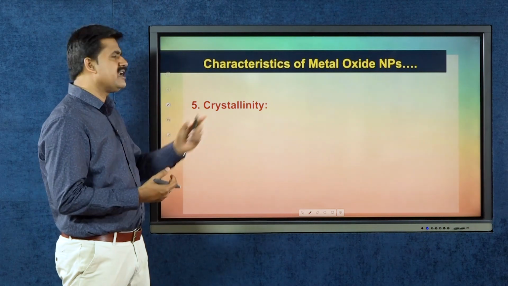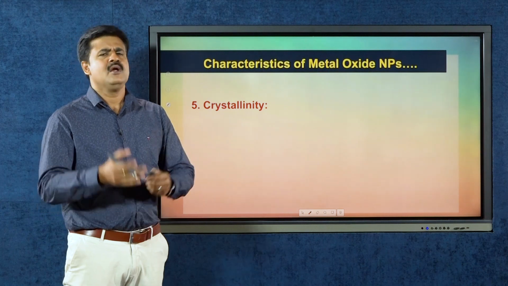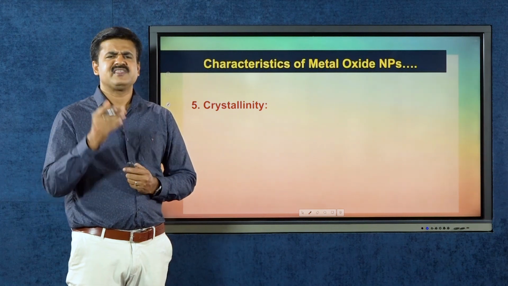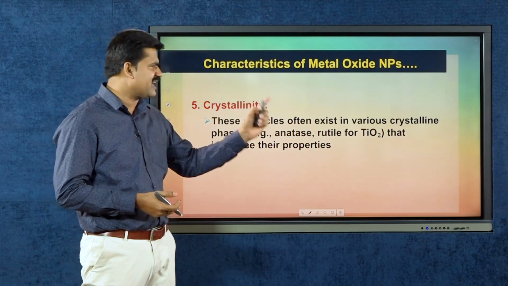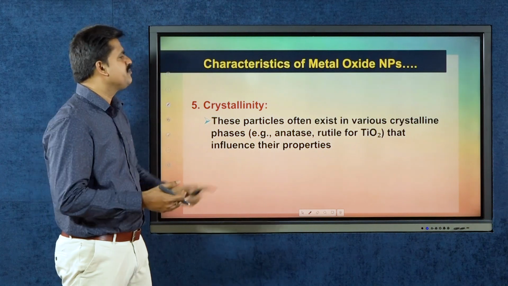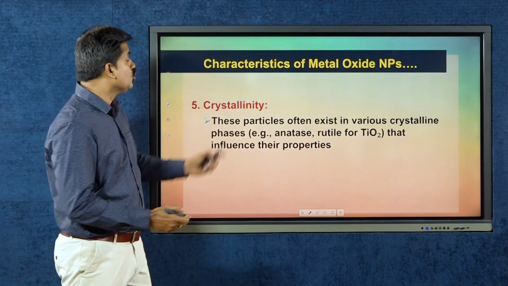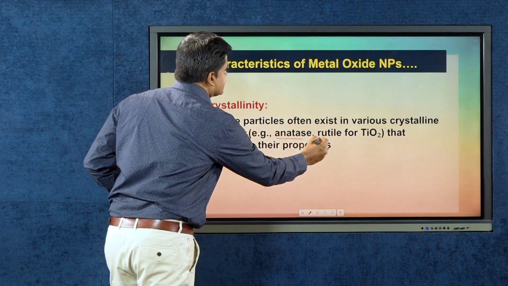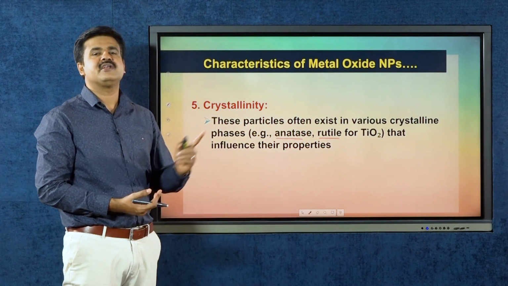And we are now focusing on the crystallinity of metal oxide nanoparticles. The metal oxide nanoparticles exhibit strong crystalline nature. These particles often exist in various crystalline phases also. See, for instance, titanium dioxide nanocrystal or titania nanoparticle can exist in different crystalline phases. The two popular crystalline phases associated with the titania nanoparticles are anatase phase and rutile phase.